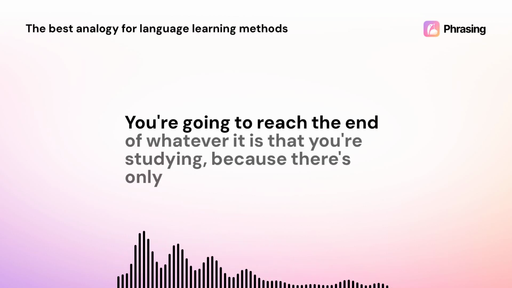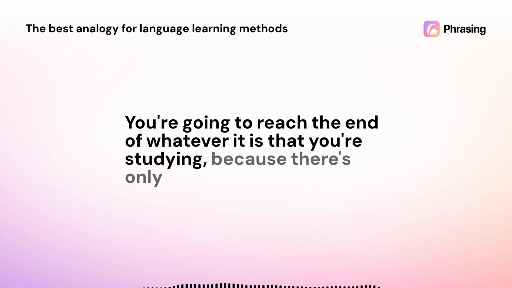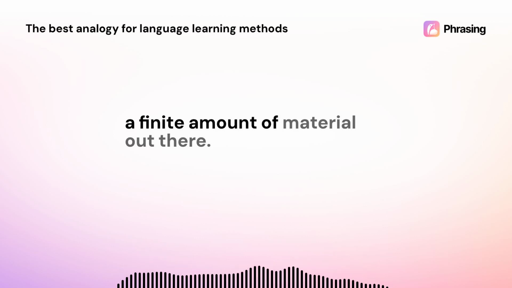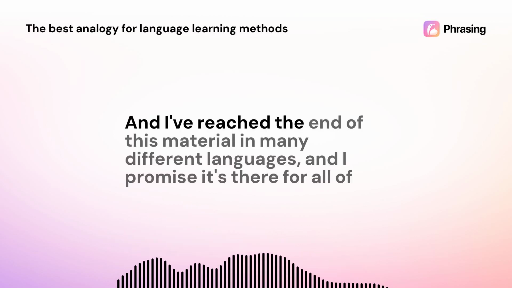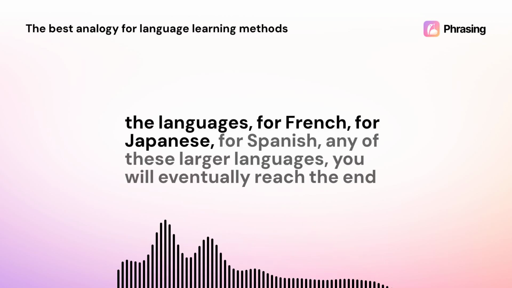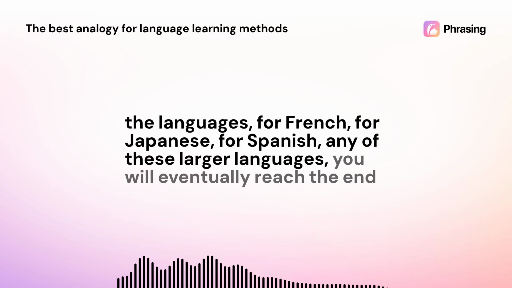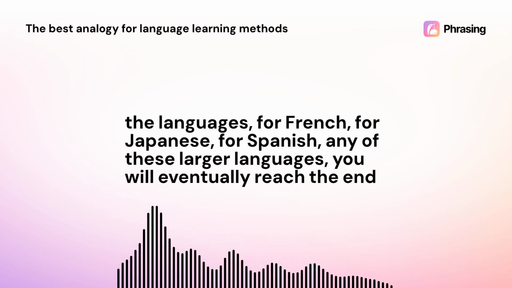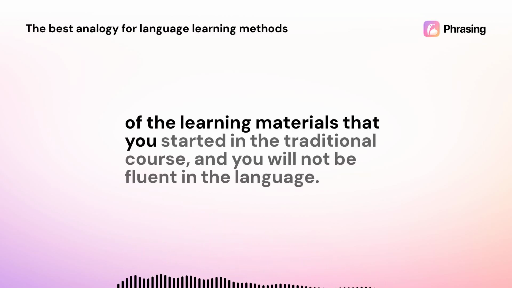You're going to reach the end of whatever it is that you're studying because there's only a finite amount of material out there. And I've reached the end of this material in many different languages. And I promise it's there for all of the languages, for French, for Japanese, for Spanish, any of these larger languages. You will eventually reach the end of the learning materials that you started in the traditional course, and you will not be fluent in the language.